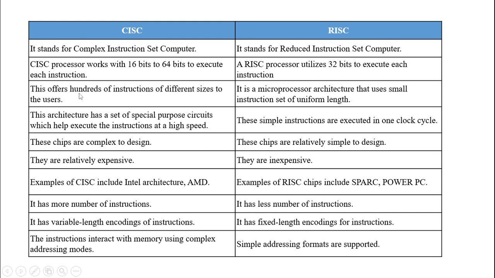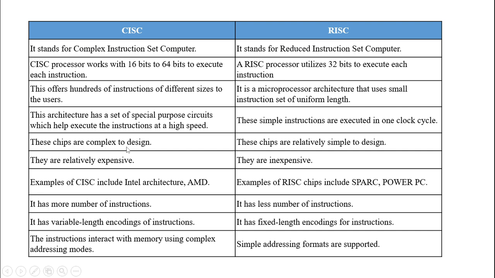CISC offers hundreds of instructions with different sizes, but RISC has very few, straightforward instructions. CISC is designed for high speed and complex execution, whereas RISC is designed for simple instructions executed in a single cycle.